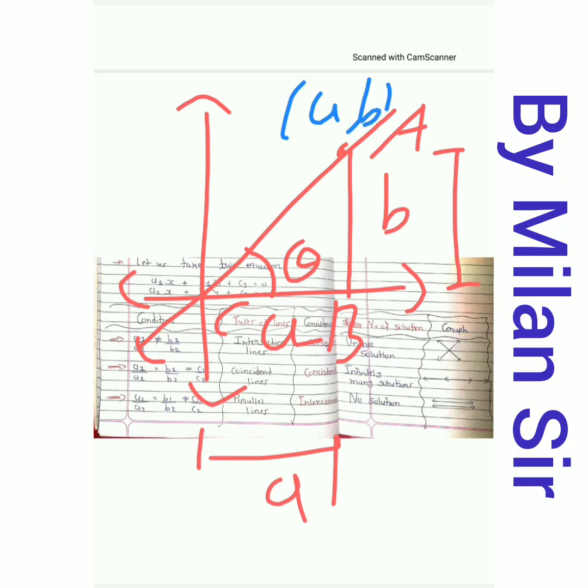So what is tan theta? Tan theta is opposite side upon adjacent side, b by a. This is the slope.